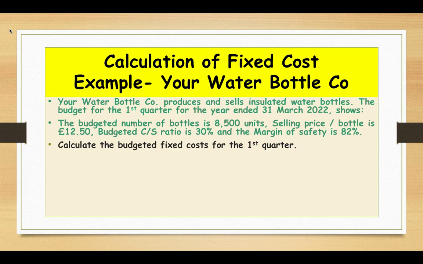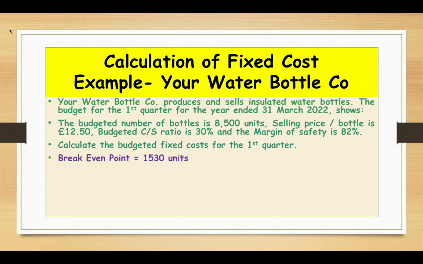So if the profit is equal to 0, then your contribution and the fixed cost should be the same. So at break-even point, contribution is equal to the fixed cost. So if we calculate the contribution at the break-even point, then we can say this is the fixed cost.